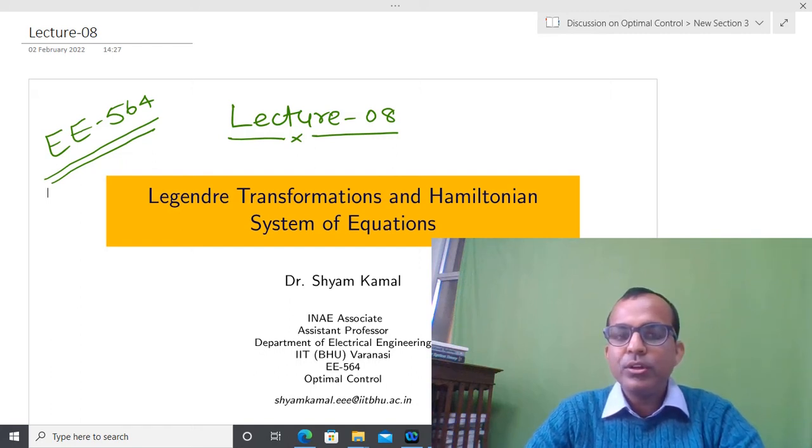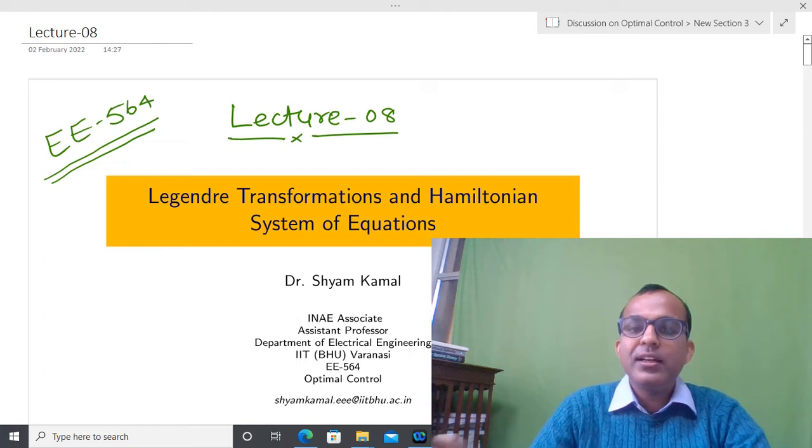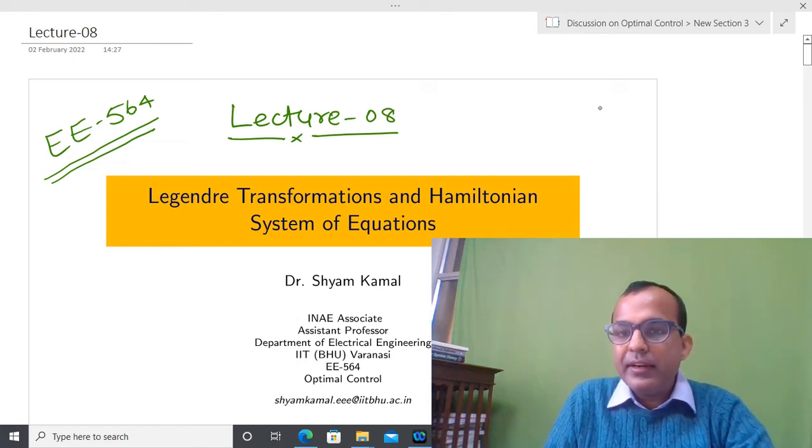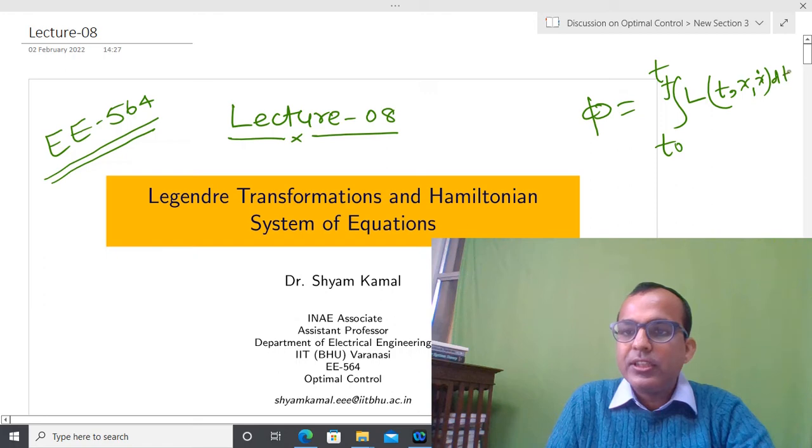What we found in the previous discussion is that whenever we have to extremize some kind of functional, we define the functional phi as the integral from t0 to tf of L, where L is a function of t, x, and x dot, dt.